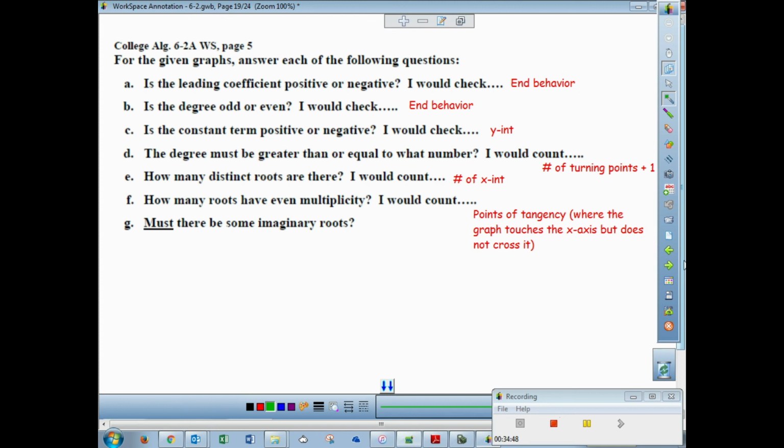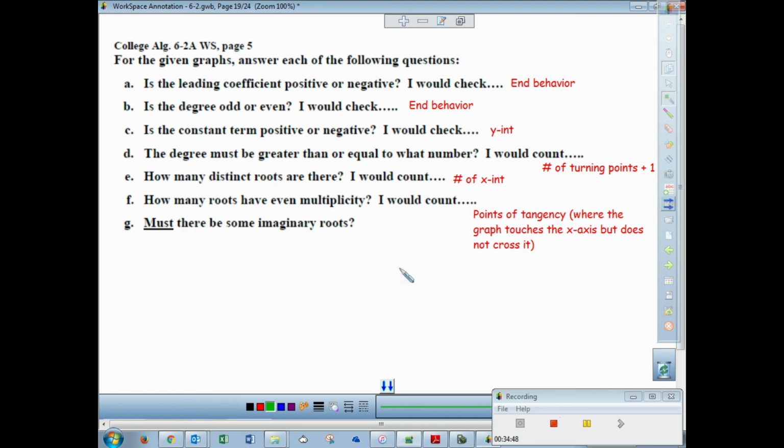And if you don't remember what points of tangency were again, you don't have to write all that down if you don't want to, but that's where the graph touches the x-axis but does not cross it. So the point of tangency will give you a root, but it will also mean that root's there more than once. It's an even multiplicity. There could be 2 roots there. There could be 4 roots there. There could be 6 roots there. We'll get into that later.